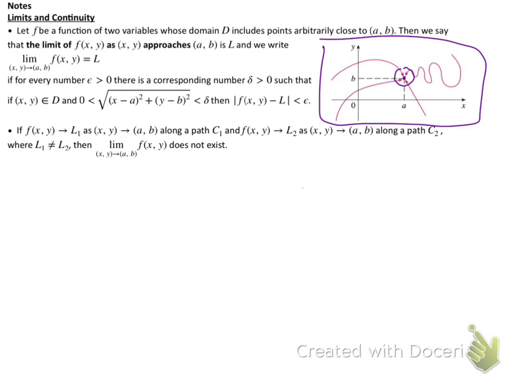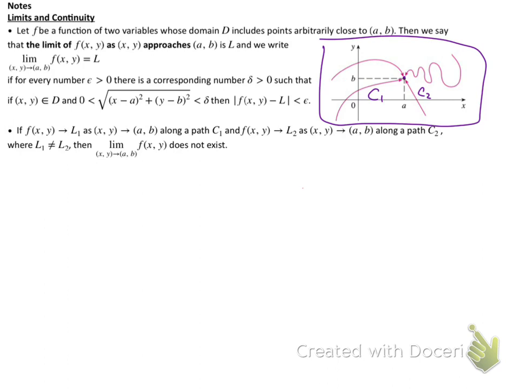If you find two paths, say (x, y) approaches (a, b) along path C1, say this one is C1, and (x, y) also approaches (a, b) along another path, say C2 is this. But when your independent variable pair goes toward the same point along different paths, your function is actually heading to different places.